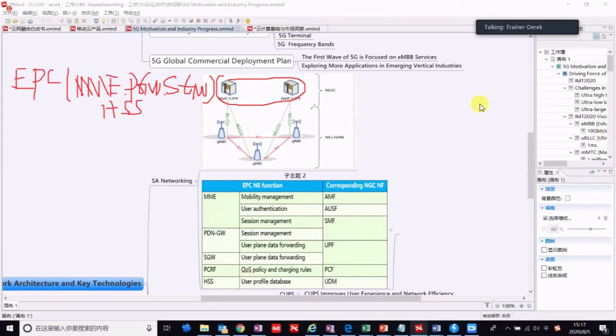But for our 5G core network, we call it NGC, next generation core. NGC is based on the cloud.